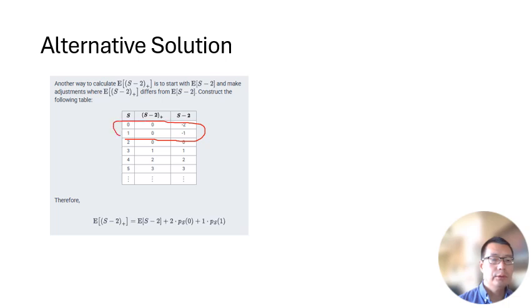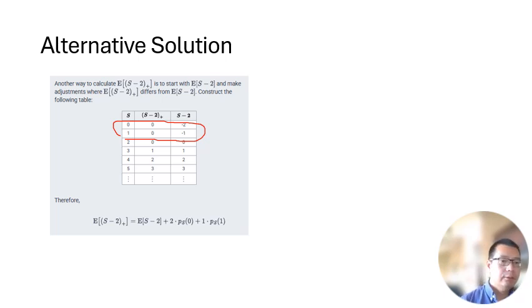The rest of the rows are the same. Therefore, we can calculate the expected value of (S minus 2)+ to be the expected value of S minus 2, plus 2 times the probability of 0 and 1 times the probability of S equal 1.